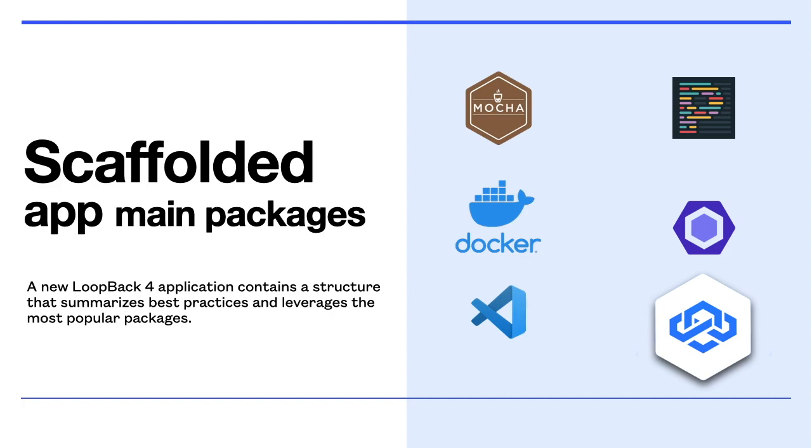Also, it makes use of Docker and includes a configuration to Dockerize your LoopBack 4 application or microservice automatically. And it also comes with a configuration file for Visual Studio Code, but you can use any editor that you wish. And of course, it brings a lot of packages from the Node.js community for validations, etc., and also packages that have been built for the LoopBack framework itself.